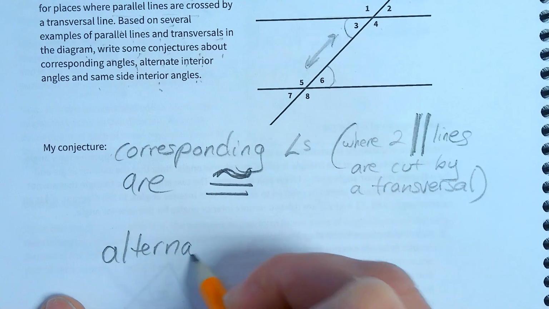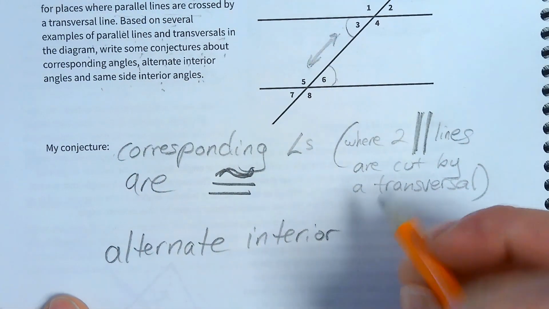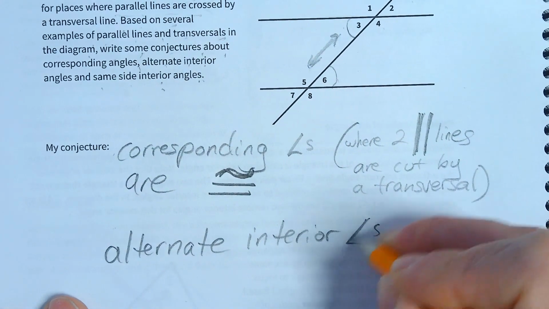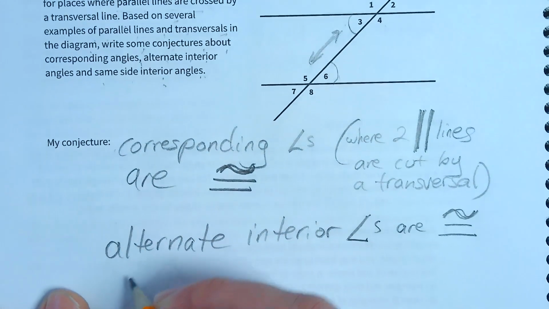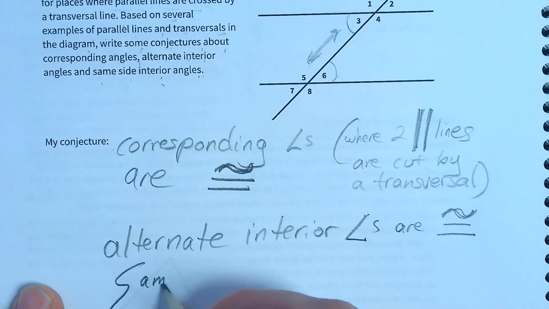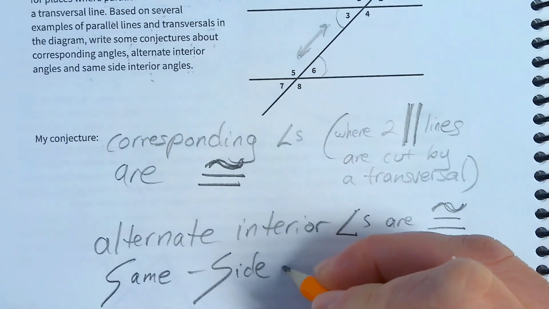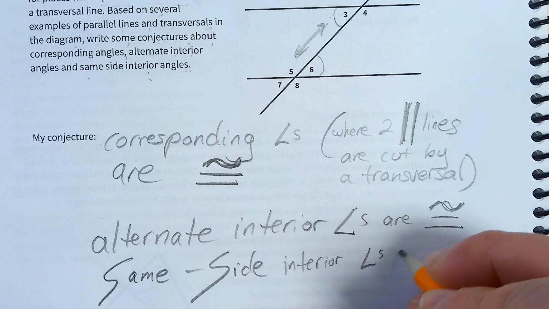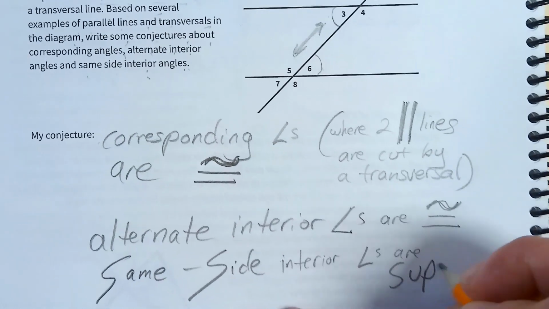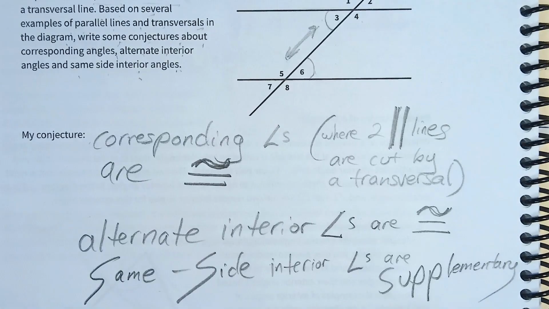Alternate interior angles are congruent. Same side interior angles are supplementary. I think we did it.